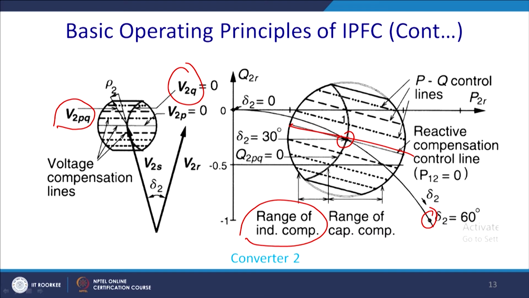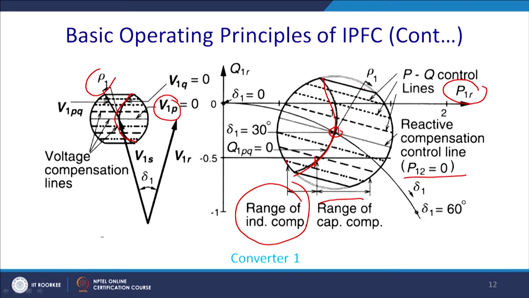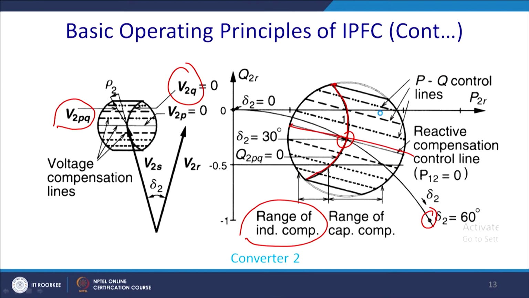Essentially this line corresponds to no real power, no reactive power exchange. So, if it were operating in this region, it will be operating in this region. As simple as that.